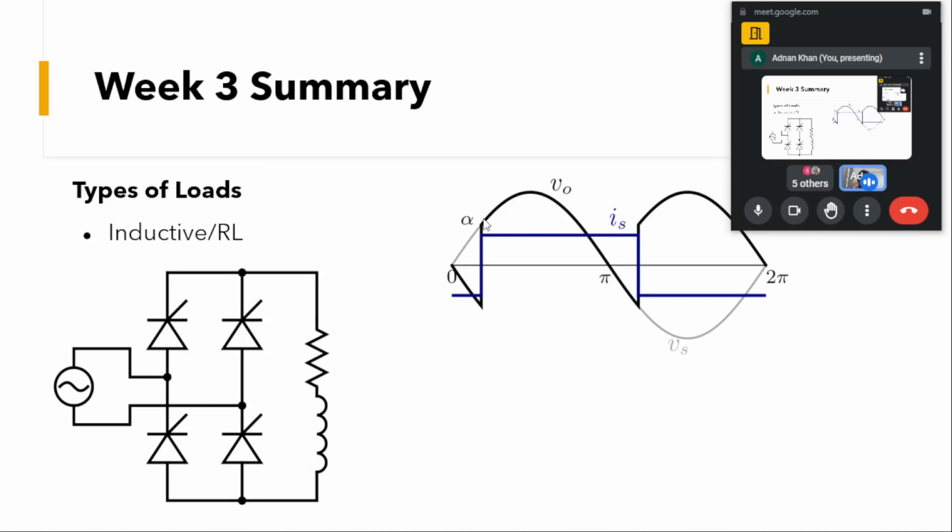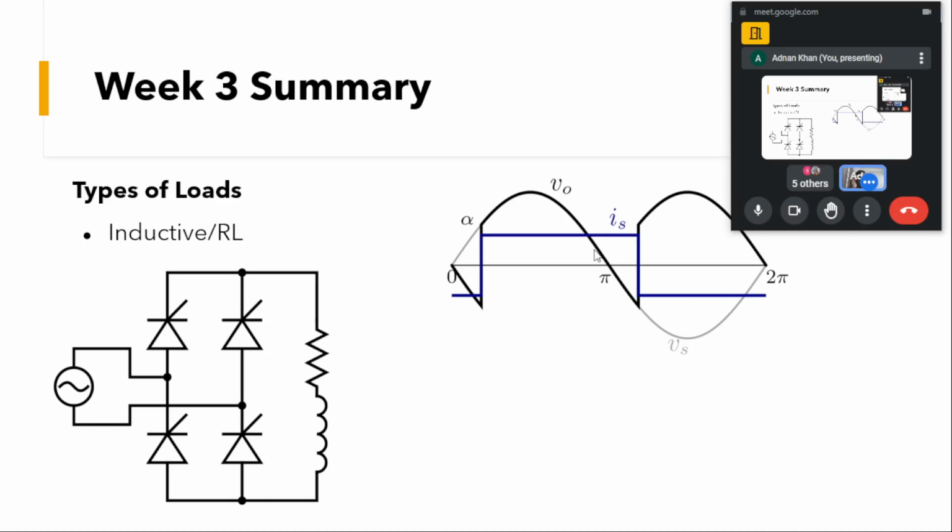Due to this inductor, the current keeps the same direction, and because of that we get a negative voltage at the output, which we wouldn't have had with a resistive load. So due to the inductance in the load, we can get this negative voltage at the output.